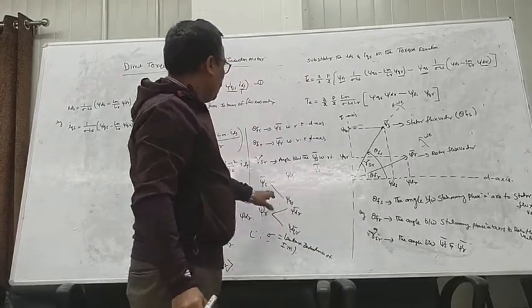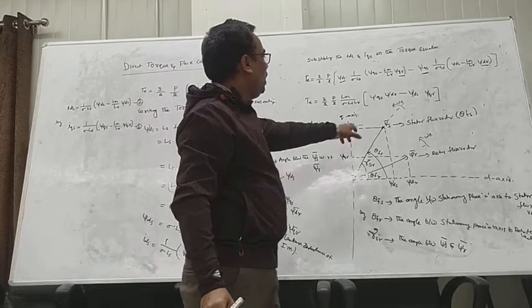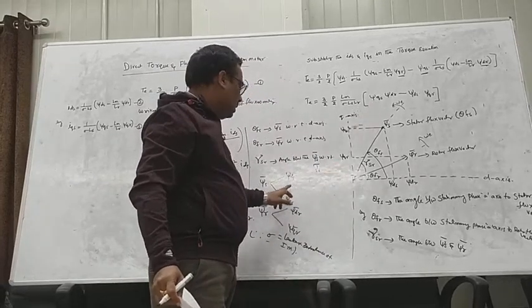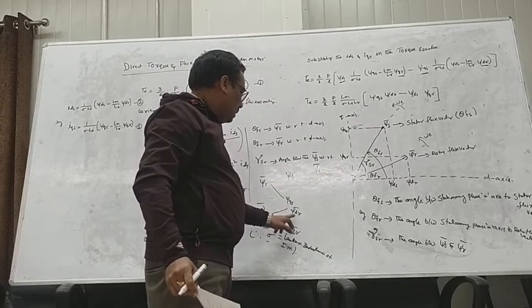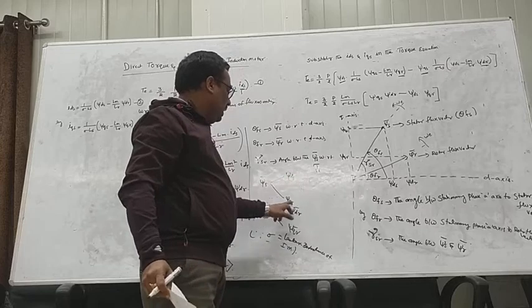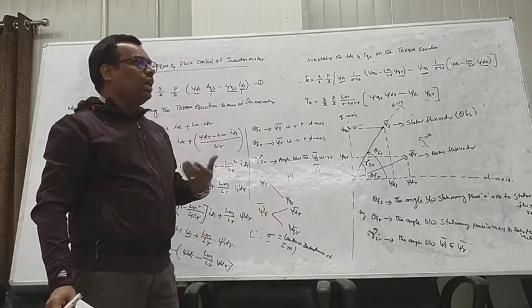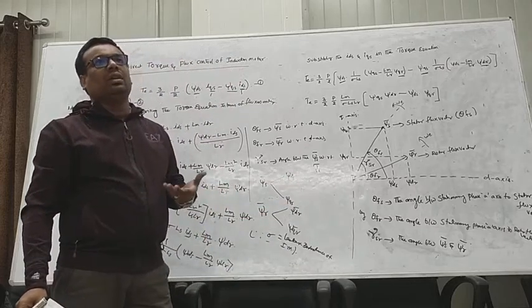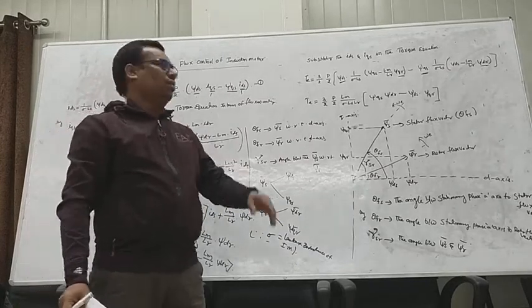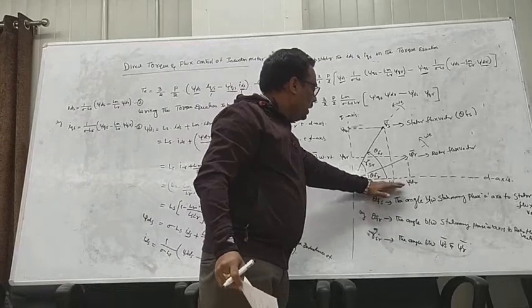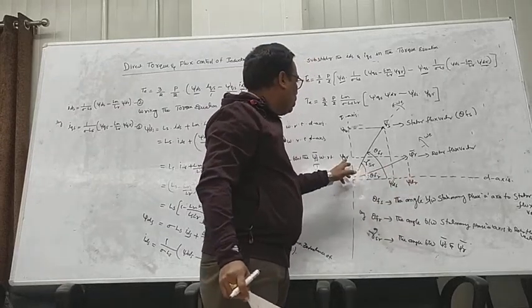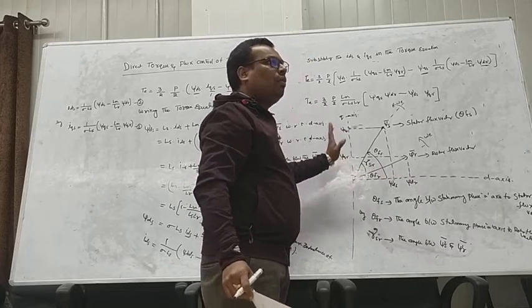Now your torque equation is a combination of psi ds, psi qs, psi dr and psi qr. So now express these psi ds and psi qs values in terms of cosine and sine components, the horizontal and vertical components. Psi ds and psi dr are the horizontal components, and psi qs and psi qr are the vertical components.